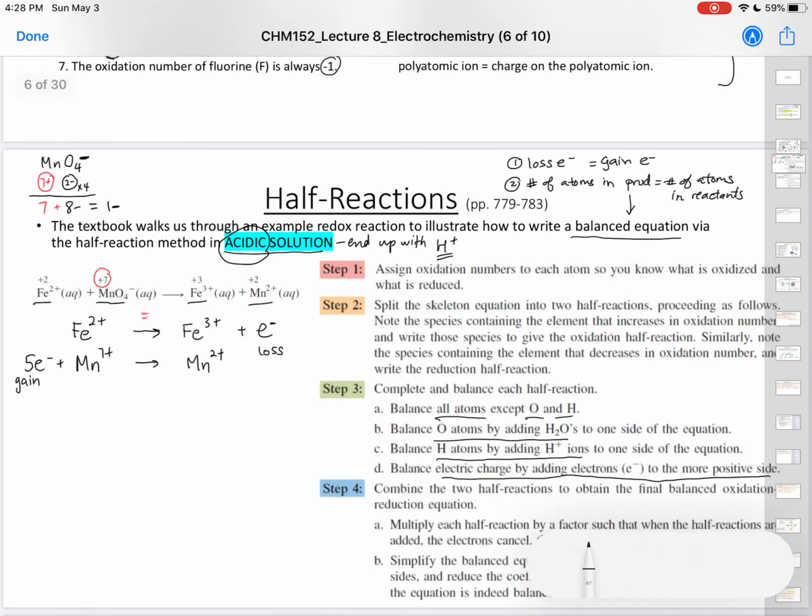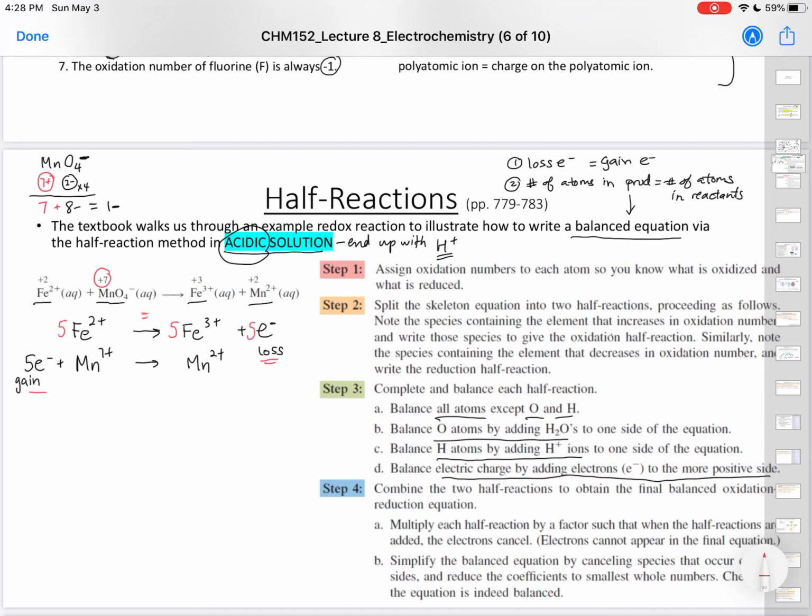So let's look. There are 5 electrons being gained. And here there's only 1 electron, so we need 5 here. The only way to make that 5 is to multiply this whole equation by 5. Okay? 5, 5, 5. Because each iron loses 1 electron. So if you have 5 iron atoms, you're going to lose 5 electrons.